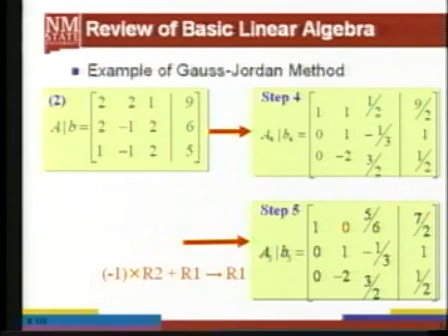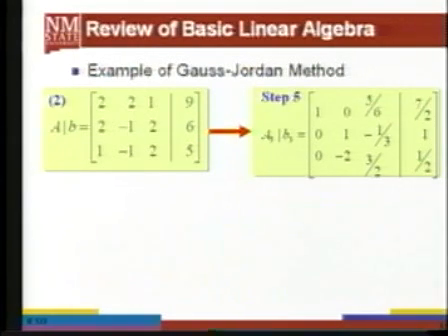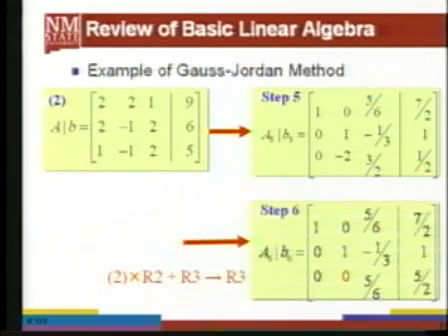Okay? And then replace row number 3 of A5 matrix by 2 times row number 2 plus row number 3 of A5 matrix. Now, the column number 2 has been transformed into 0, 1, 0, right?